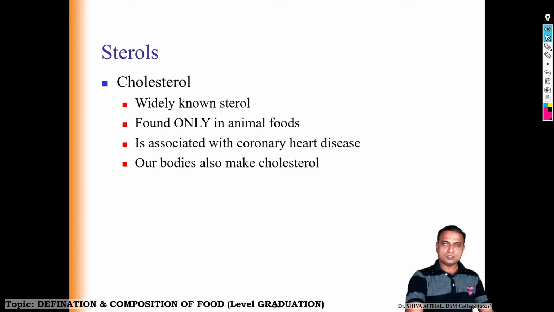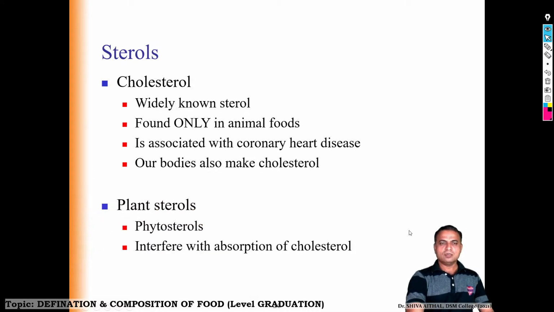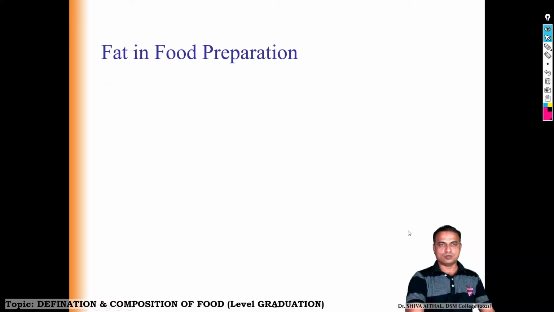But sterols, cholesterol, it is a widely known sterol, found only in animal foods. It is associated with coronary heart diseases. Our bodies also make cholesterol. Plant sterols are also present in food. They are called phytosterols, derived from plants, and they interfere with absorption of cholesterol.